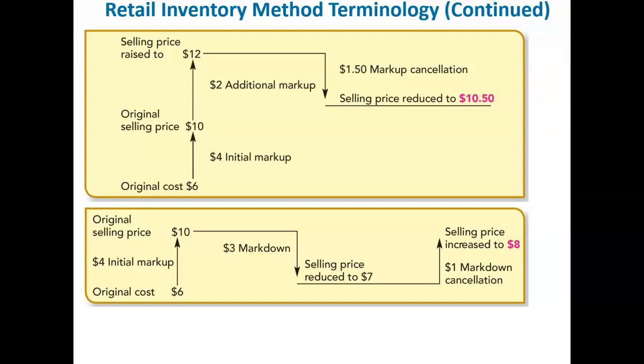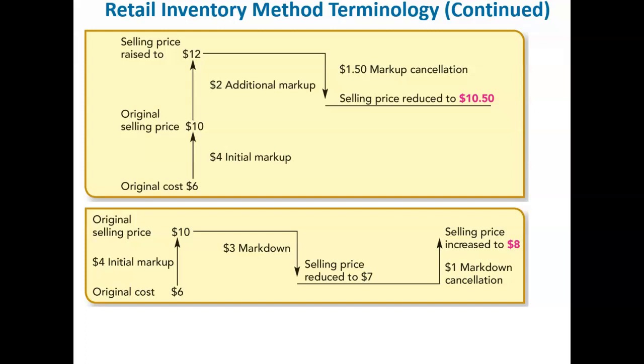A markup cancellation reduces an additional markup, but not below the original selling price. We refer to the net effect of the additional changes as the net markup. $2 minus $1.50 equals a 50-cent net markup in this example. The top illustration depicts these events.